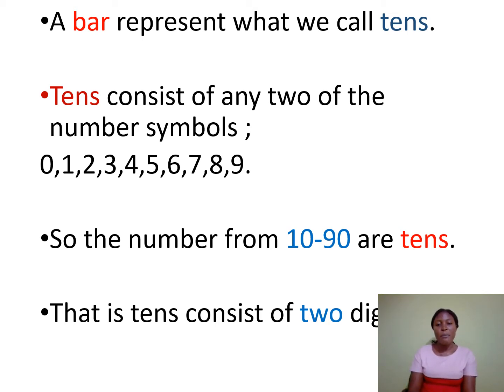Now, double numbers of these number symbols give you what we call tens. So the numbers from 10 to 90 are tens because they consist of what?